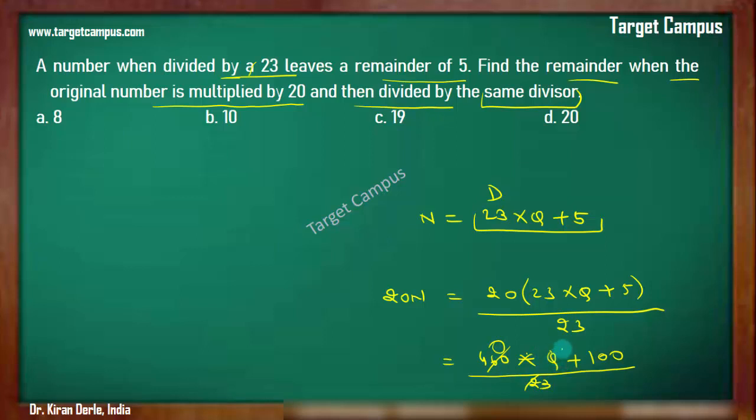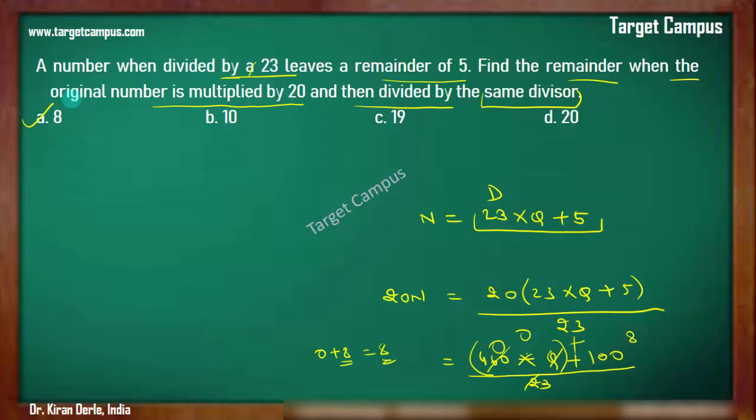Irrespective of the value of q, your final remainder of this part will be 0. Plus, if you divide 100 by 23, 23 4s are 92, so the remainder will be 8. So 0 plus 8, 8 is your final remainder. I hope you are getting this point.